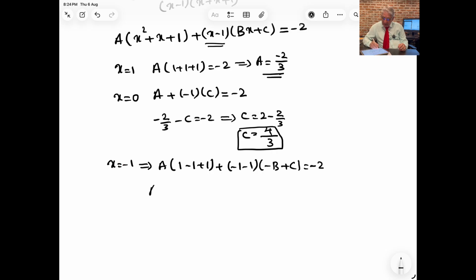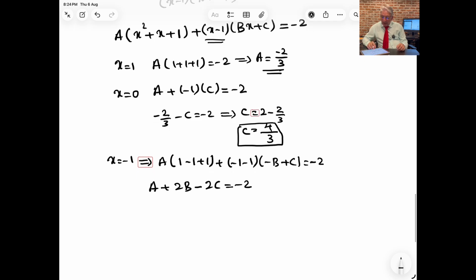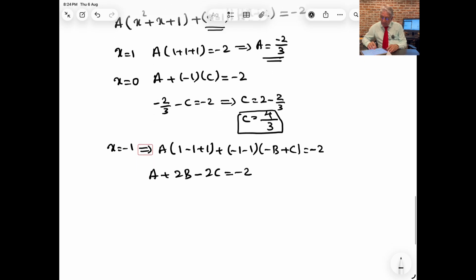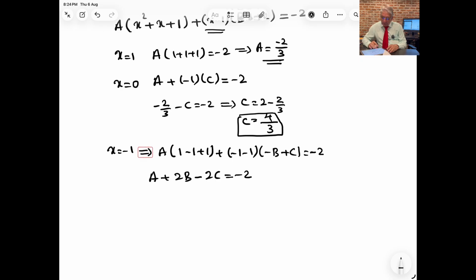Now here will be a, negative 2 multiplied by that, negative 2 times negative b will be 2b, minus 2c should be negative 2. Now we have a and c, then we have to find b.